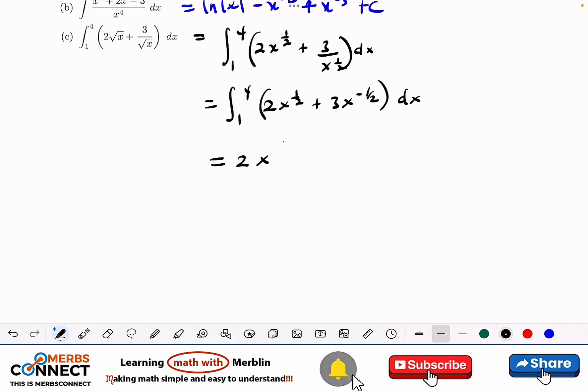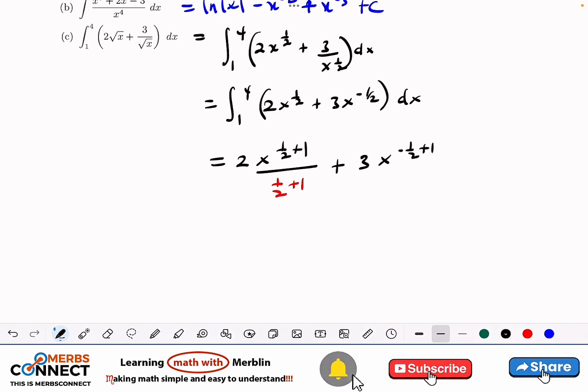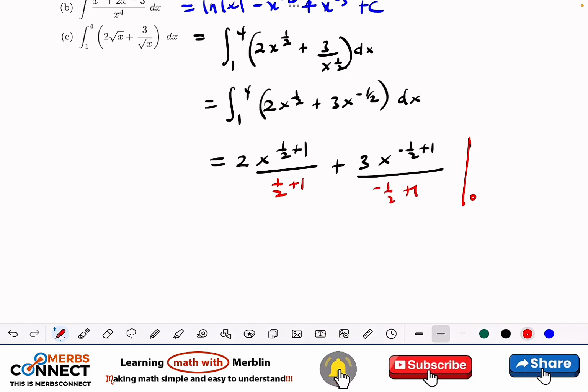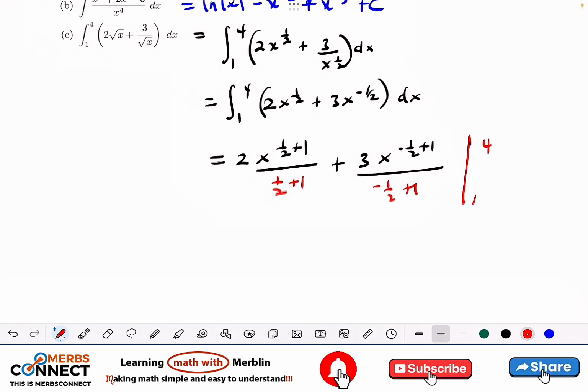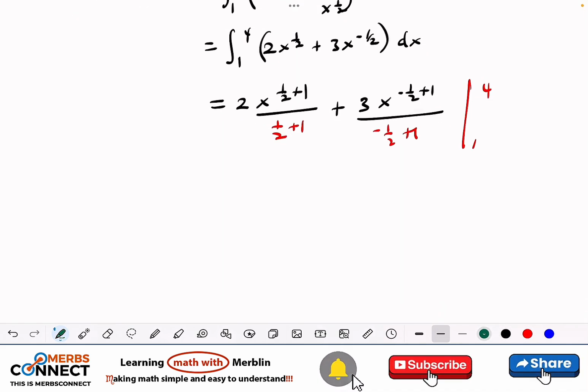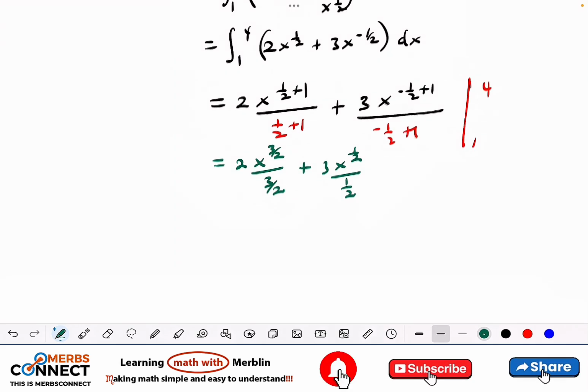So 2x to the power 1 over 2 plus 1 divided by 1 plus half, then plus 3x to the power minus 1 over 2 plus 1 divided by minus 1 over 2 plus 1. This is from 1 to 4. So what do we get? 2x to the power 3 on 2 divided by 3 on 2, plus 3x to the power 1 over 2 divided by 1 over 2.